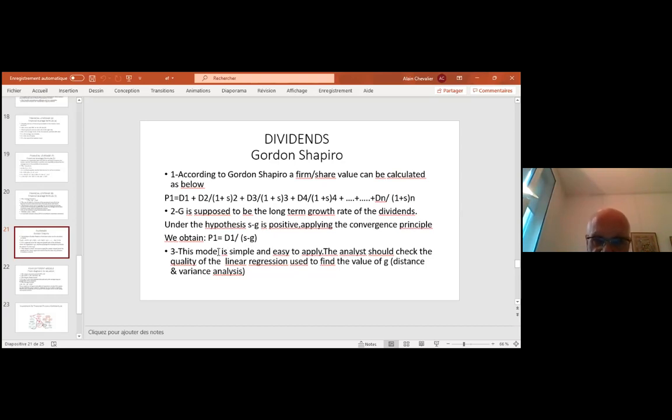In that case, you can use this model to calculate P1, and if you know the number of shares, of course, the value of the company. So it's a very useful model you have to know, of course.